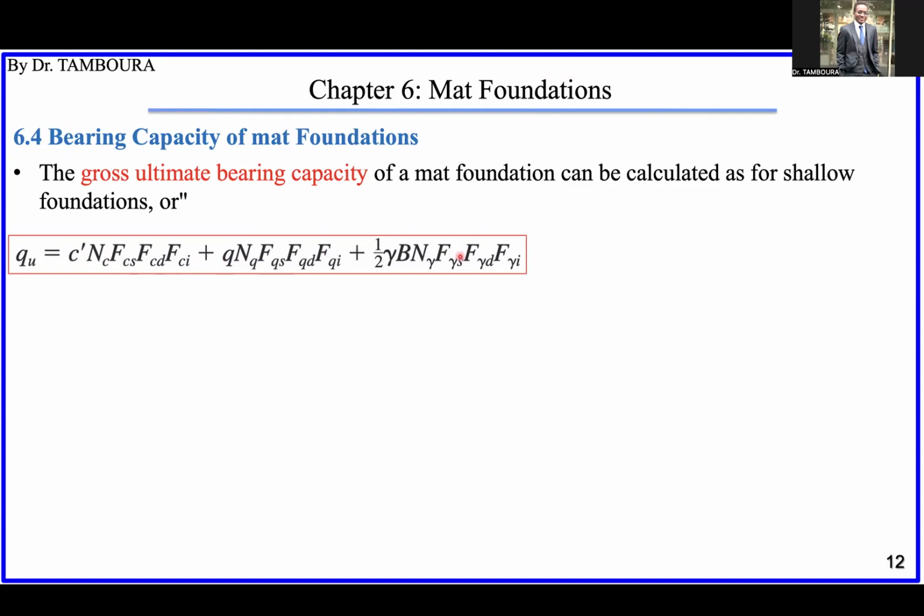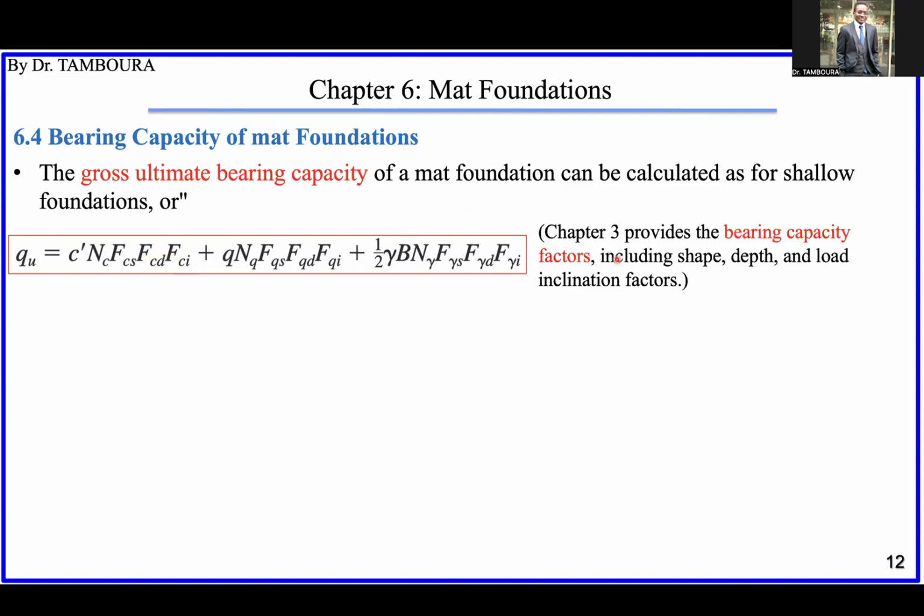If you don't remember this, I recommend you go and revise chapter number 3. This formula was included, and you remember the bearing capacity factors, and let's say shape factor, depth factor, and inclination factor.